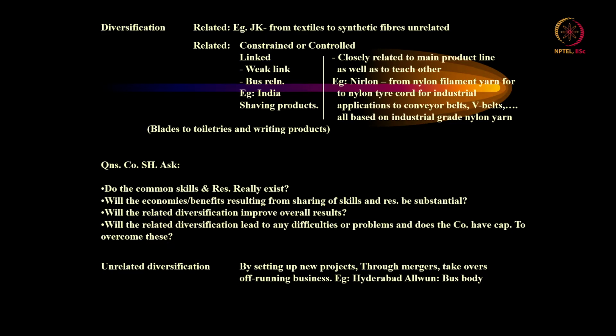Will the related diversification lead to any difficulties or problems, and does the company have capacity to overcome this? These are all very important, okay, when you are looking at diversification. So, this related diversification is also discussed on both this controlled and linked diversification, discussed on page number 157 in this book. Okay. You can look at that.